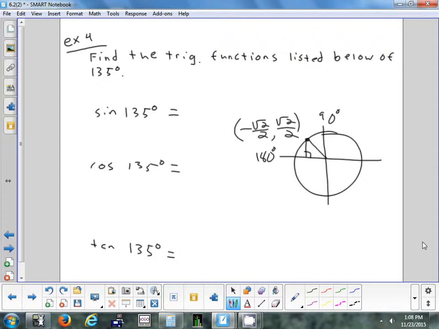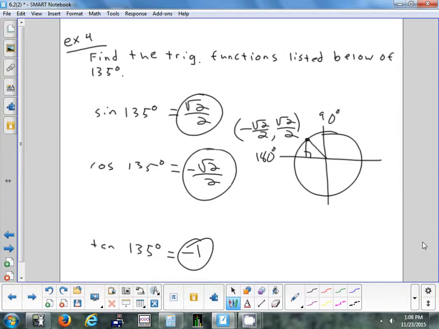Square root of 2 over 2. Yep. Okay, Shelby, my cosine. Negative square root of 2 over 2. And how about my tangent? Yeah, we're dividing two things that are the same except for the sign. Negative 1. Okay, questions on finding the trig functions for 135?